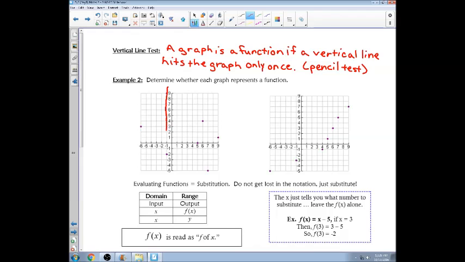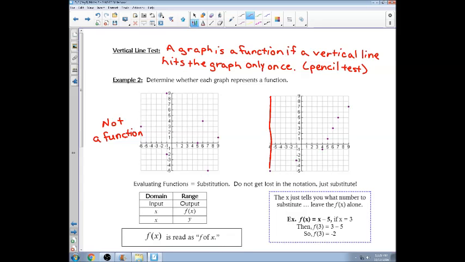Does it hit more than 1 point here? Since it does hit more than 1 point there, there are 2 points on the same vertical line, then this is not a function. And you do not have to continue with the vertical line test. Okay? On to the next one.